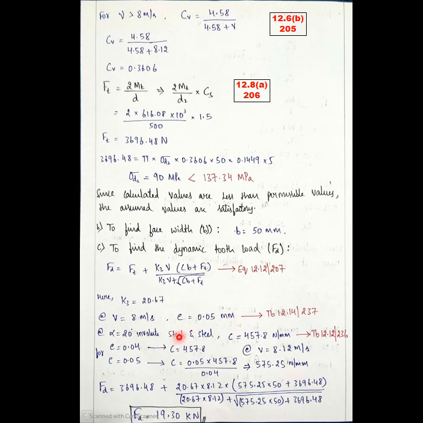Now at alpha is equal to 20-degree involute, steel, we need to find the value of C because the unknown value is C here. If you check clearly, in the first column you select the material steel, and in the second column the tooth form is 20 degree.